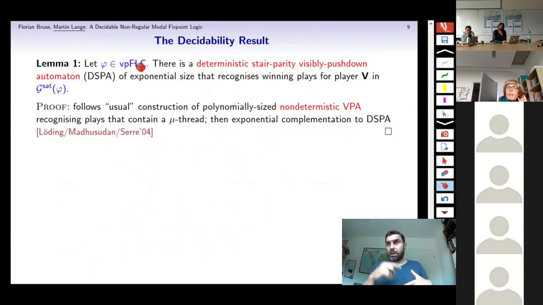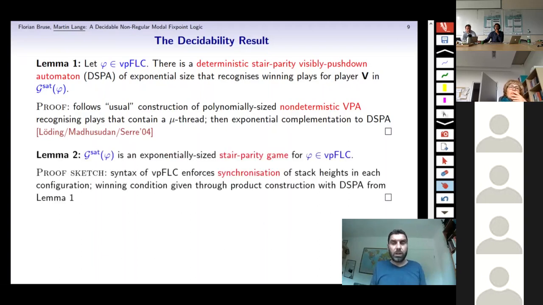The way to do this is the usual trick: we can design a non-deterministic visibly pushdown automaton that guesses a mu threat. Remember, this is exactly what the player verifier wants to avoid. We can complement this, and actually we need it to be deterministic in a moment. So we complement and determinize it to something that recognizes such a play when it has no mu threat, i.e. it's winning for player verifier.